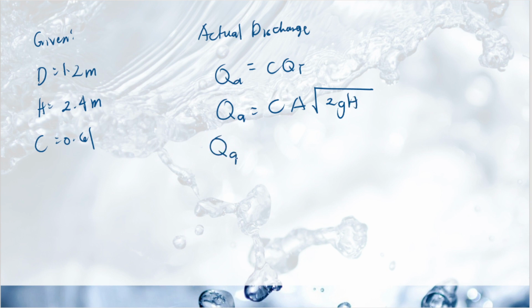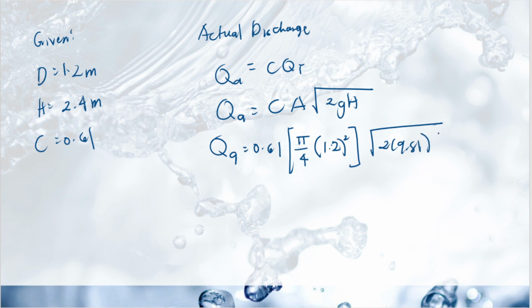Q sub A is 0.61 multiplied by the area, pi over 4 multiplied by the diameter 1.2 squared, in square meters, multiplied by the square root of 2 times 9.81 times the difference in elevation, 2.4.